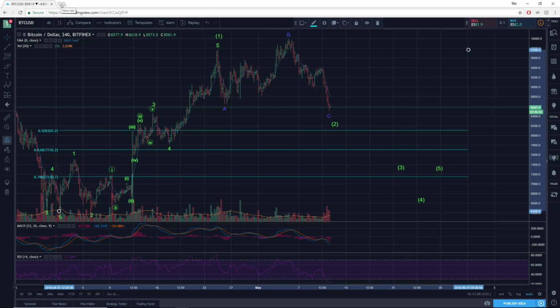Hang on, let me just bring something up. It's on my other screen. I'll grab you a pattern, just so I can show you a textbook version of an expanded flat. Sometimes that's helpful just to really show you the idealized diagram version of something.